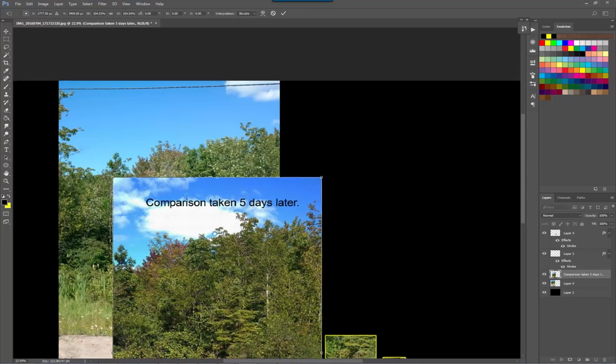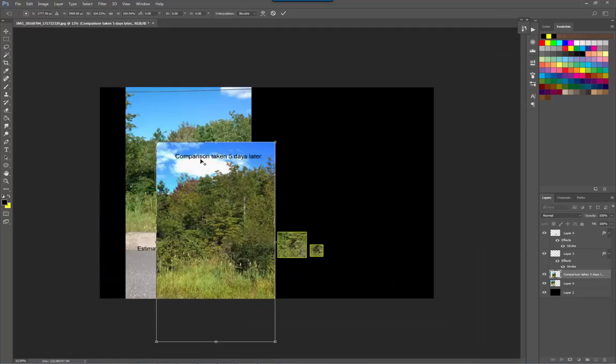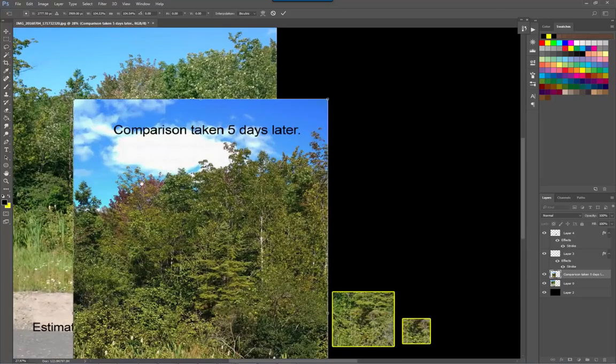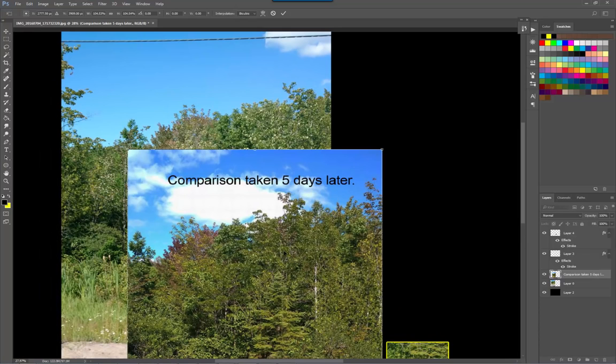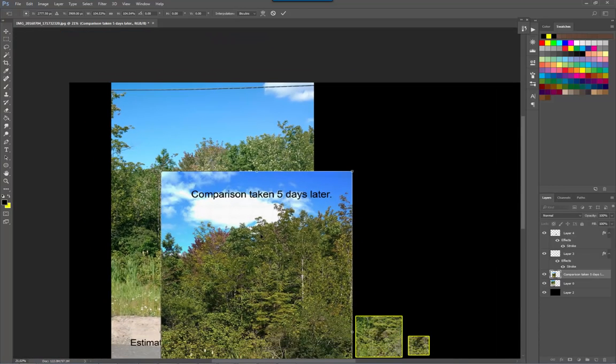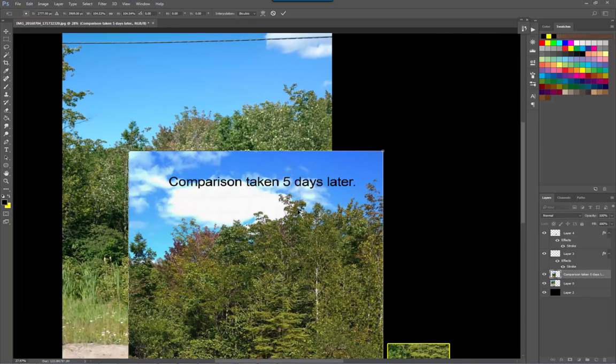It looks like it's been taken with a different camera, so we're going to get a different perspective and a different angle also. But basically that is that. It's more or less in the same area, lining up the same.